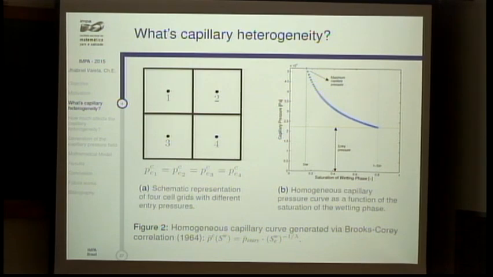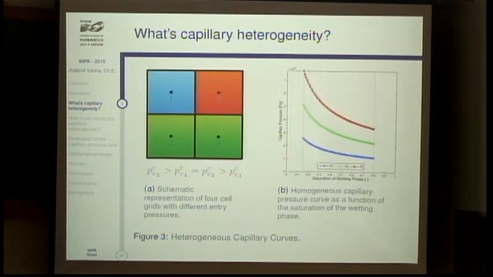In figure B, we can see a typical capillary pressure curve: the capillary pressure versus the saturation of the wetting phase. And we can see one single curve that stands for the 4 cell grids. This was generated via the Brooks-Corey correlation for the same physical parameters, lambda and entry pressure.